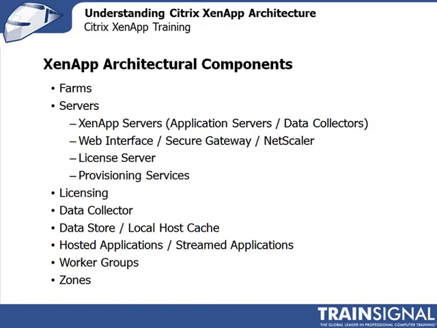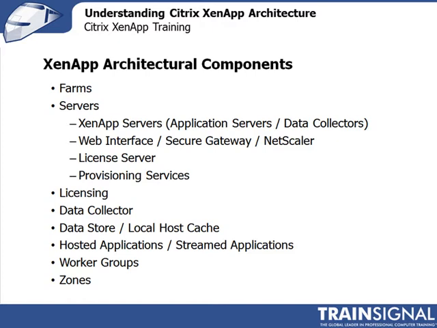You have hosted applications and you have streamed applications. We talked about that a little bit in the introduction lesson. The hosted applications are applications that you install on a terminal server, on a XenApp server, and then you give it out like a published application. And streamed applications are packaged applications that you can deliver to your users that run on their endpoint operating system without being installed.